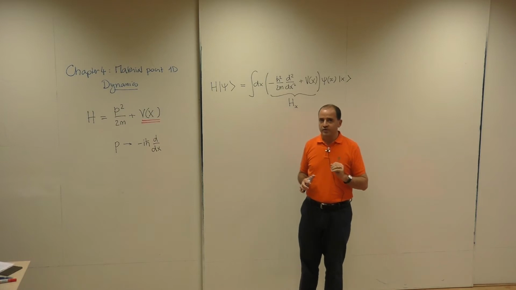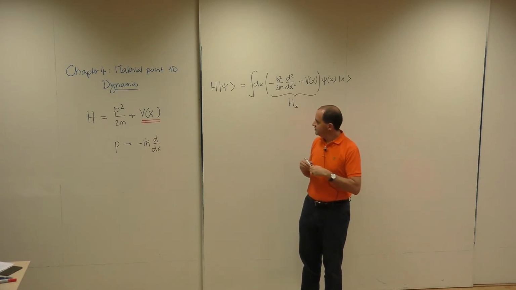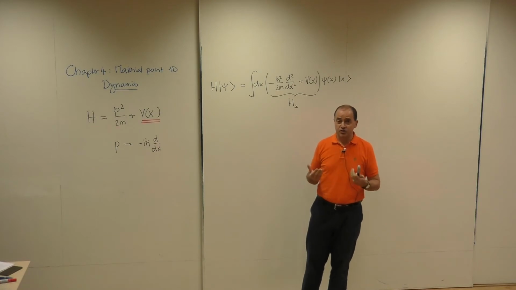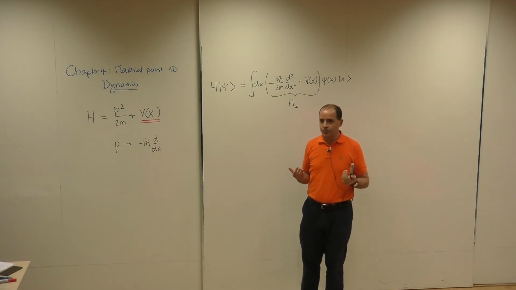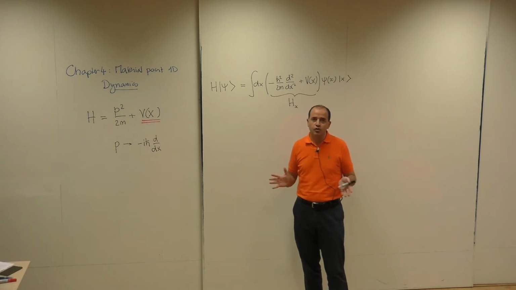So I told you when we were studying this in general that for finite dimensional systems, the diagonalization of the Hamiltonian is always possible, maybe with the help of a computer, because this is a finite matrix. Of course, if it's 5 by 5 or 10 by 10 or 200 by 200, by hand it is probably not feasible, but a computer can always find a solution, and at least we know the solution always exists in closed form.